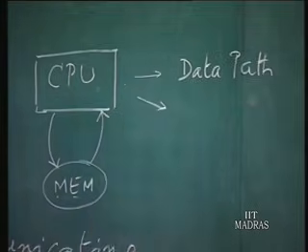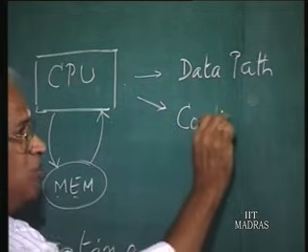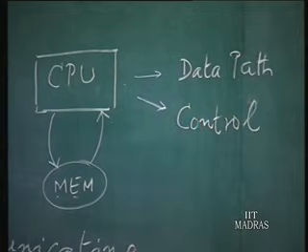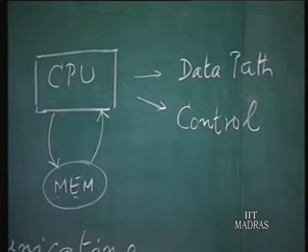Now, apart from setting the path for the data to be processed, it should also be able to carry out the processing through a sequence of control signals. So, again what we see here is the processor will essentially consist of data path circuits and control circuits.